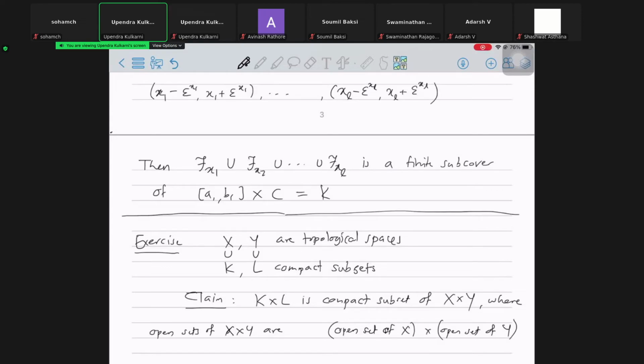Is an arbitrary union of these a product? Okay, so I think maybe in R2 this will work. But in general, there is no reason for this to work. So what we have to say is that unions of such sets are the topology on X cross Y.